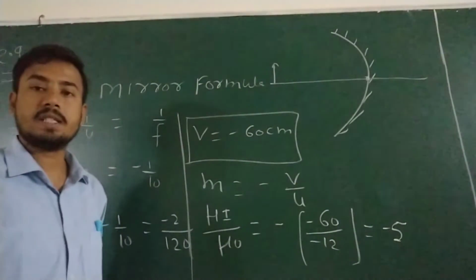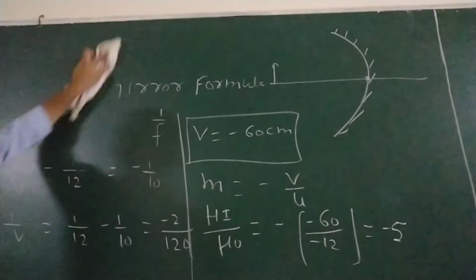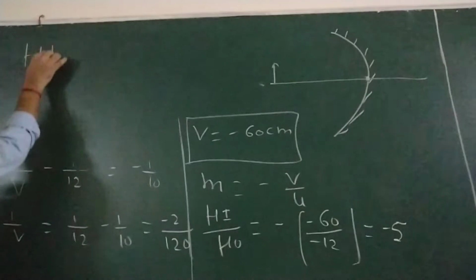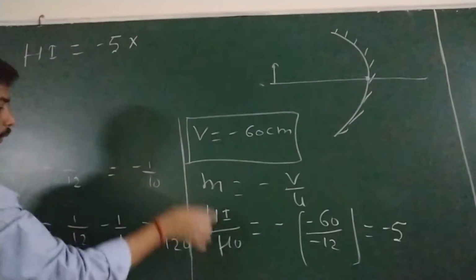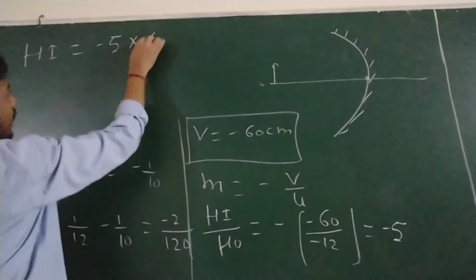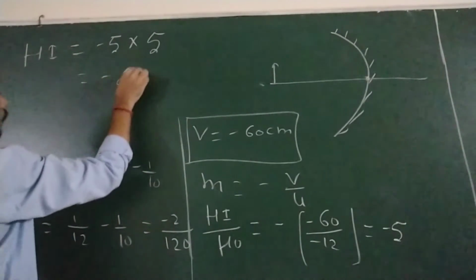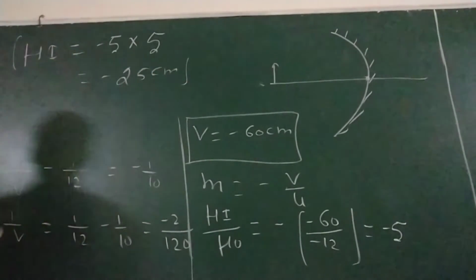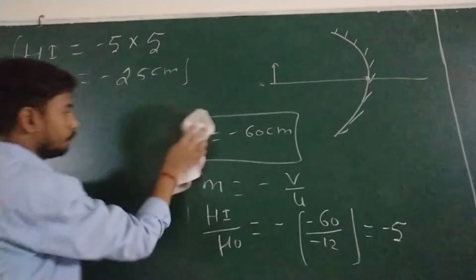It means magnification is minus 5. Once we have calculated magnification, the height of image becomes minus 5 into height of object. Height of object is also given 5, so minus 25 centimeter. The height of the image becomes minus 25 centimeter.